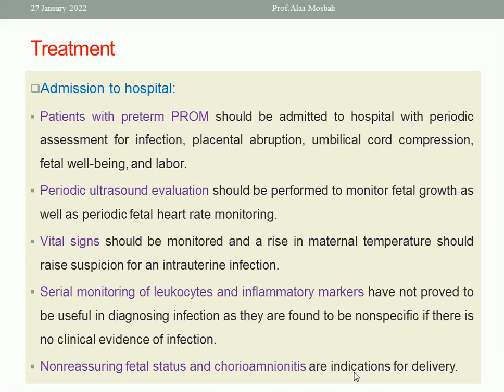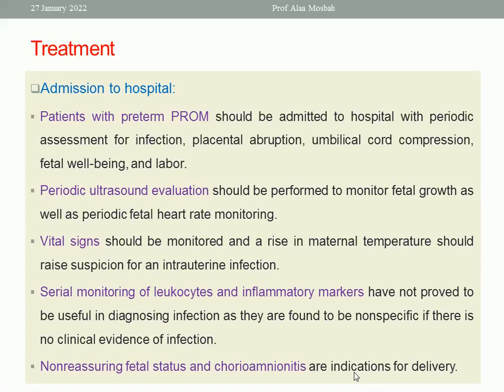What about the vital signs? It's very important really in a case of PROM, especially measuring the maternal temperature, which when increased raises a suspicion of intrauterine infection, and you should confirm if there is infection or not, because infection means I should terminate the pregnancy and I should deal with it seriously.